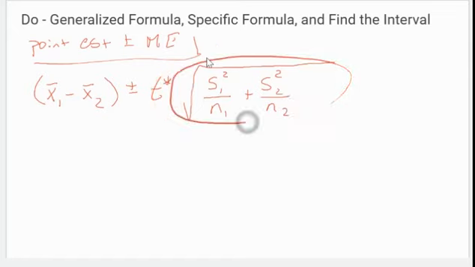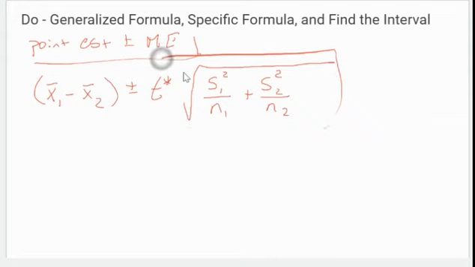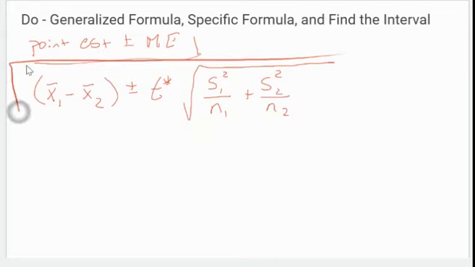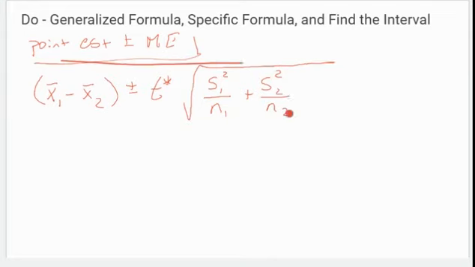We've used this before when we were adding or subtracting two variables. And in this case, we're subtracting two variables. So we are finding the variance for the first sample over the sample size plus the variance of the second sample over the sample size. But right here is the specific formula. And then you go ahead and find the interval by plugging in all your numbers and doing your work.